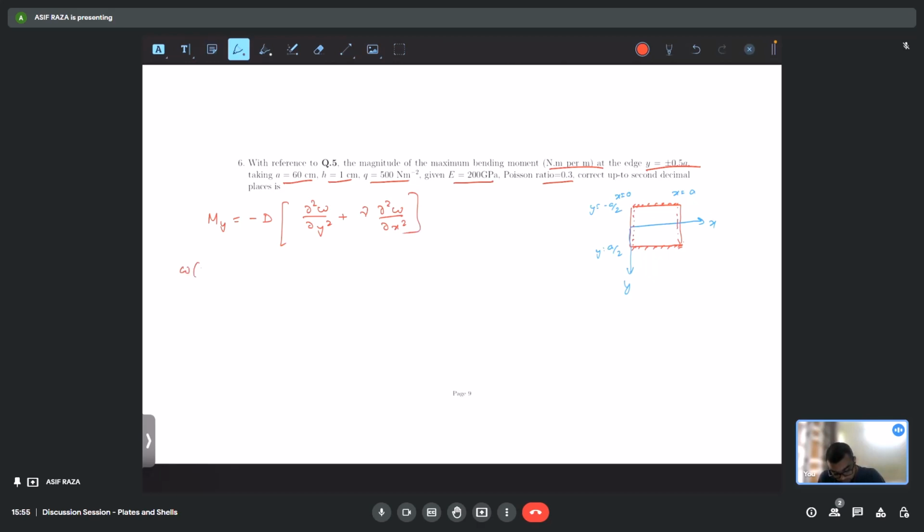Now using Levy's method, we have the summation m equal to 1 to infinity of Y_m sin (m pi x by a), correct? So take m equal to 1.